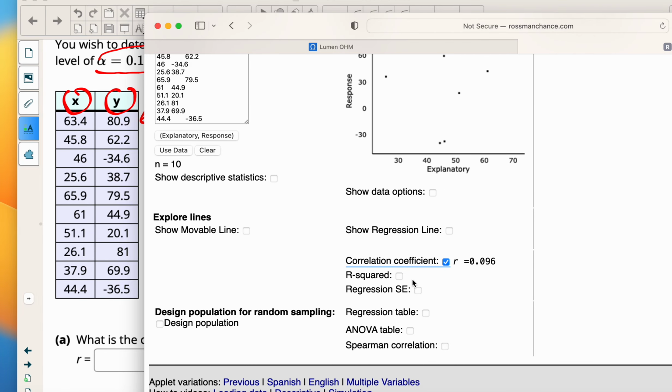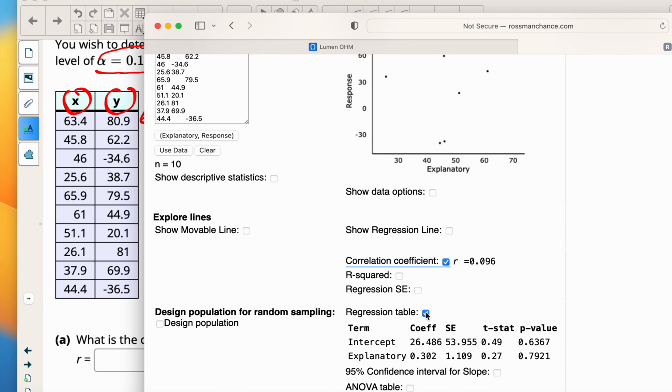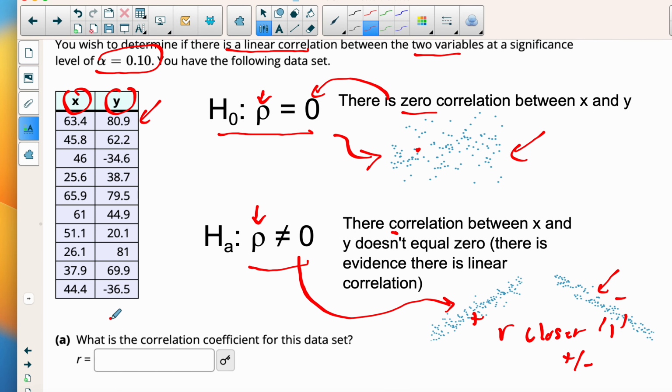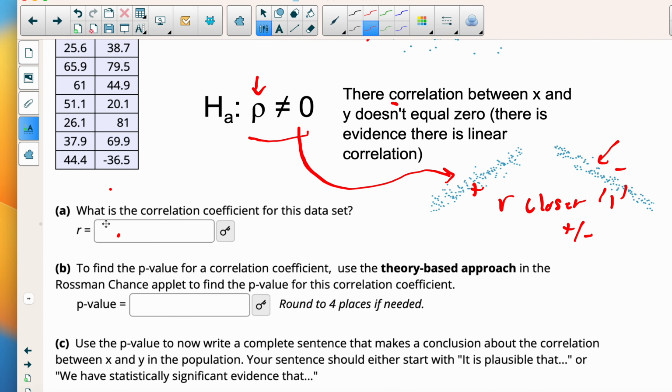Then I'm going to click on regression table as well. We'll go back to that in a second. So my R value is 0.096. Now it says find the p-value for the correlation coefficient using a theory-based approach.